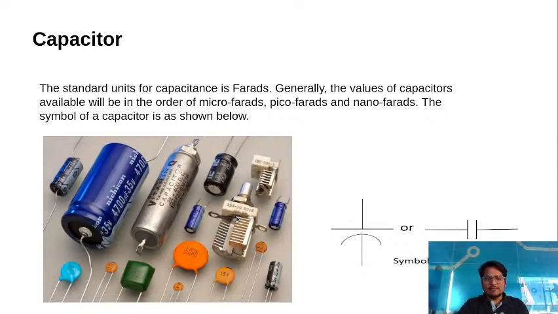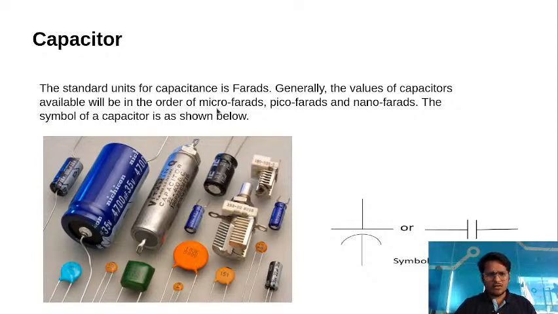Here you can see the kind of capacitors we have seen on development boards and microcontroller boards. The standard unit for capacitance is the farad. In the last video we learned that resistance is measured in ohms, but the capacitor's unit is the farad. The property of the capacitor is called capacitance.